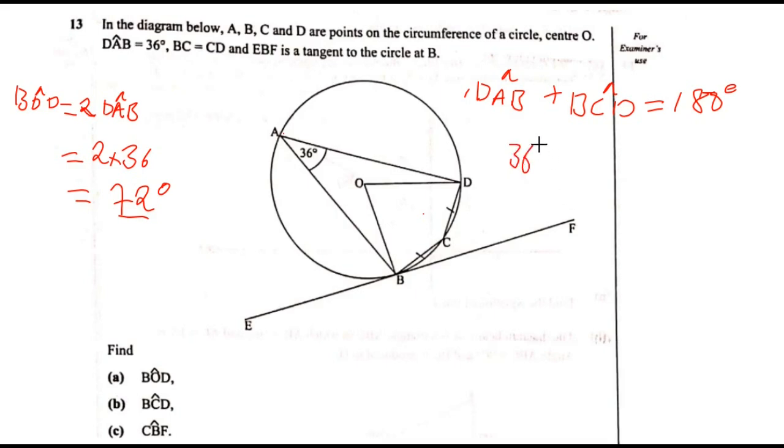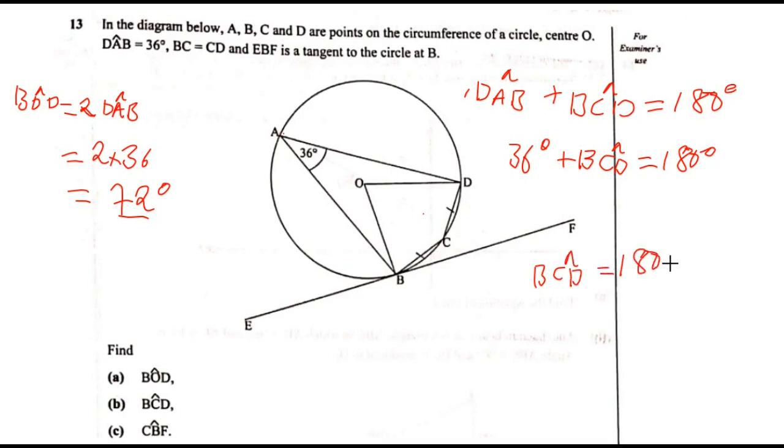So here we have DAB is equal to 36 degrees, plus BCD is equal to 180 degrees.